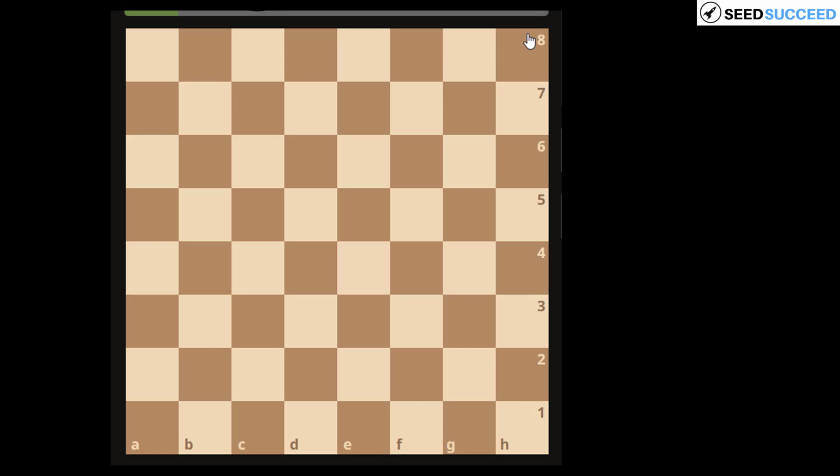So if we have to name a square, say for example I want to name this square, this is F4. First it belongs to F file and then it belongs to the fourth rank. So you have to put the file first, that is the letter first, and then the rank next, that is the number next. So this is how we write. If we are mentioning this square, it becomes F4.